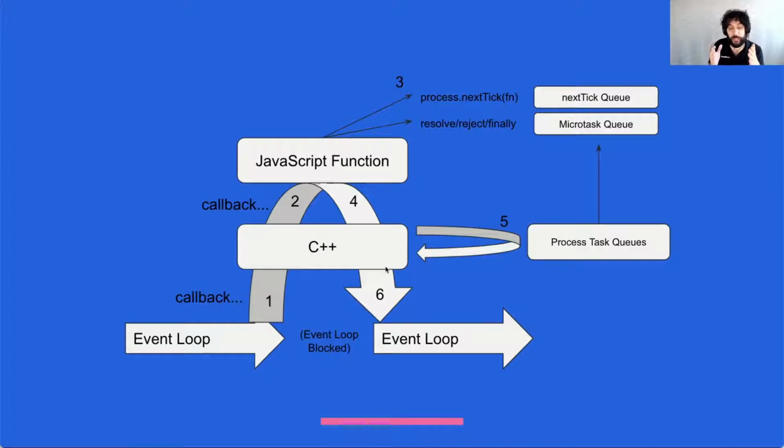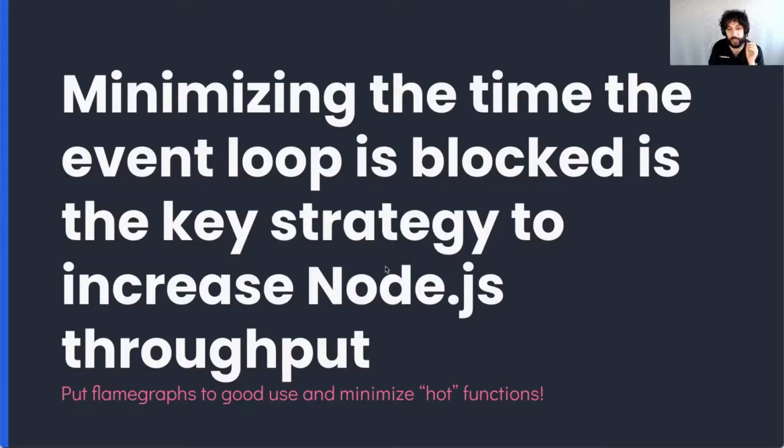This means minimizing the time the event loop is blocked, right? Well, the event loop is blocked when we are executing JavaScript. So in order to make things fast, we need to reduce the amount of time we spend in JavaScript down to 0, if possible.